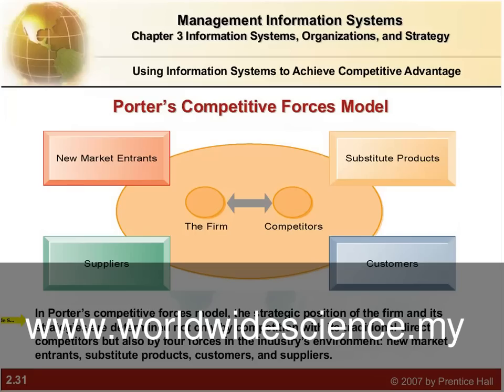For example, on low-cost leadership, we can consider Walmart because of its smart shelves and its special way of managing the shelf and its supply chain by using RFID tags.